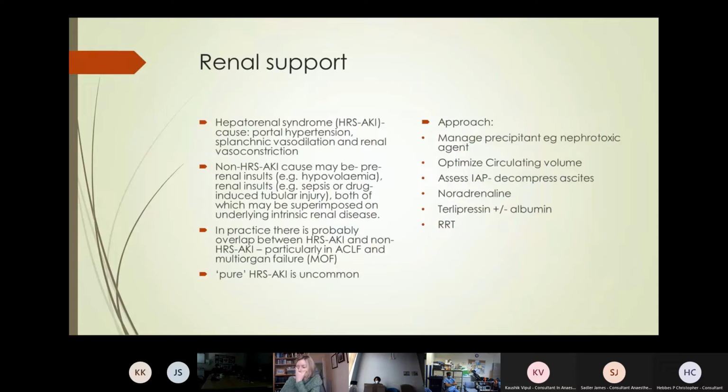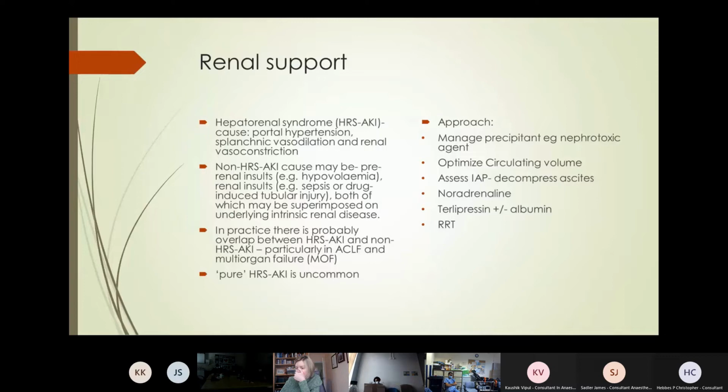So, renal support for these patients. There's hepatorenal syndrome, and there's the non-HRS AKI. When you receive a patient with liver failure, just remember that pure HRS is uncommon.